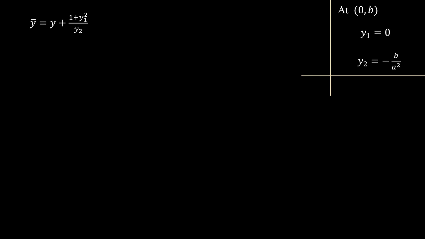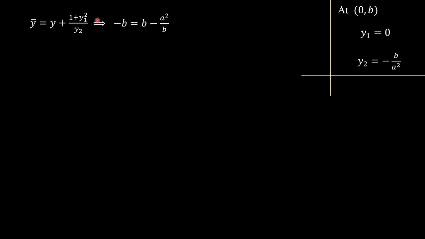We have y bar is equal to y plus (1 + y1²) divided by y2. Just substitute the value of y bar, y1 and y2 at the point (0, b). We know that y bar is -b and y is b. Okay.